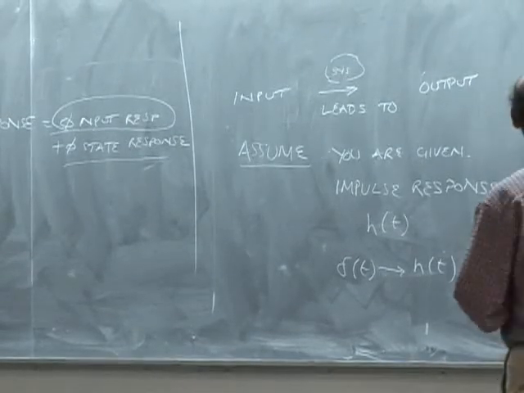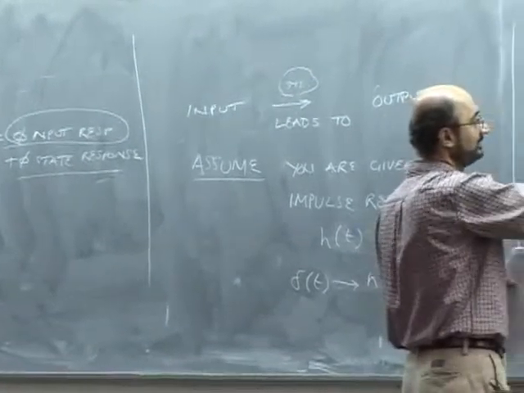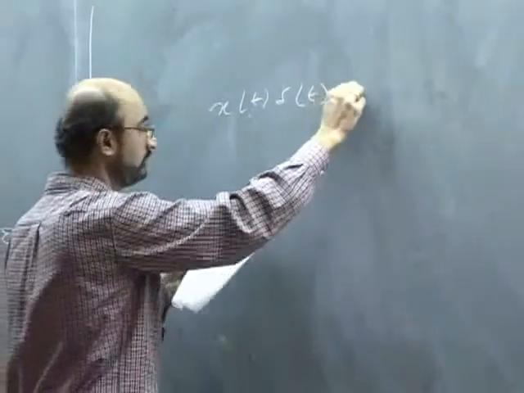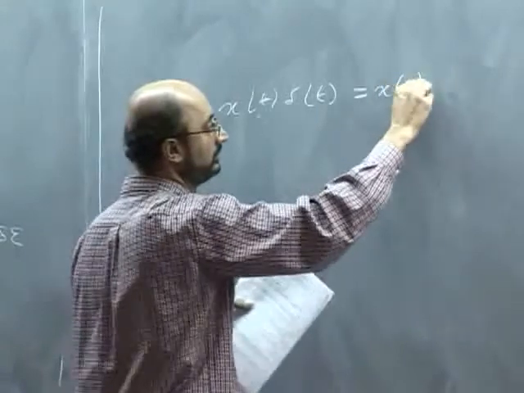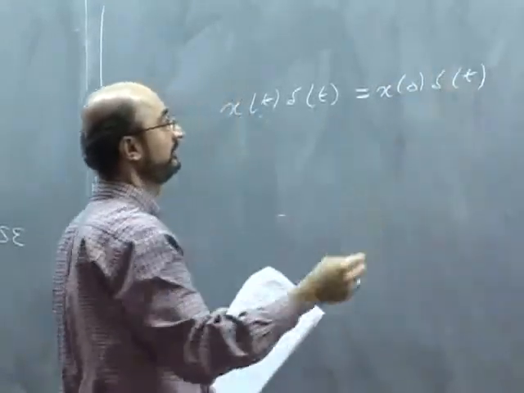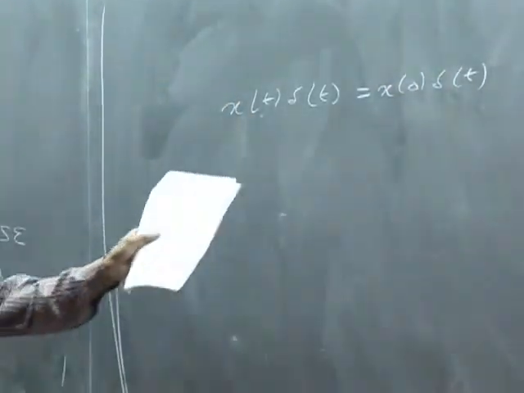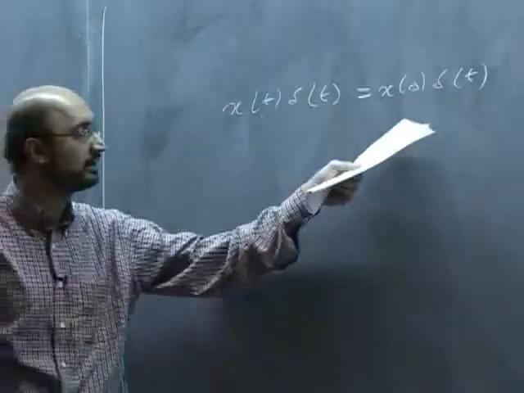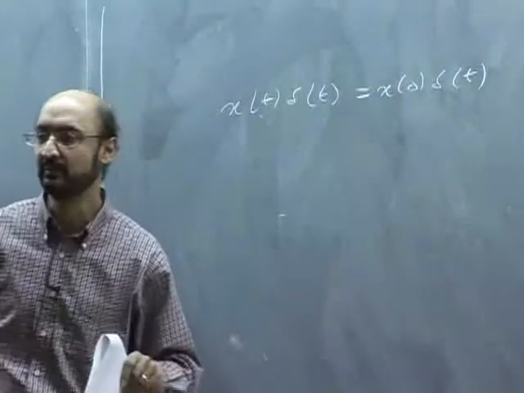Again, this is by definition from last week that xt delta t is equal to x0 delta t, and this is just saying that if I take delta and I multiply it with any function xt, it's selecting out the 0 value. Everything else doesn't really matter here.